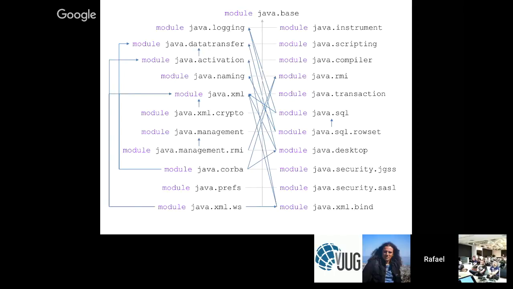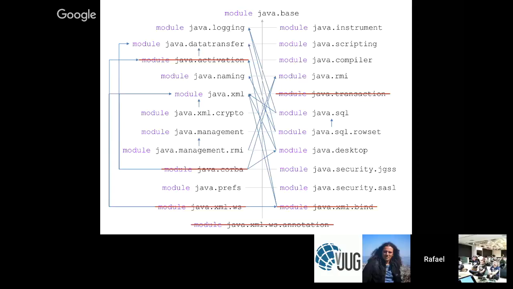And not going into details here, a few of these modules are deprecated now. For example, java.corba is now deprecated, or java.transaction is deprecated, which is like the two-phase commit API, which doesn't really belong in a standard library. And at the time, people thought differently, and that's fair enough.